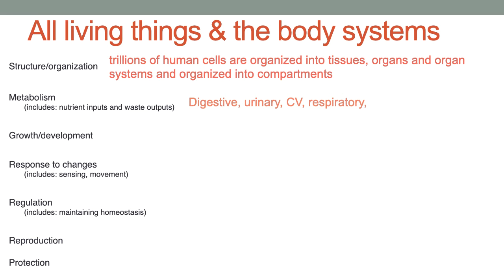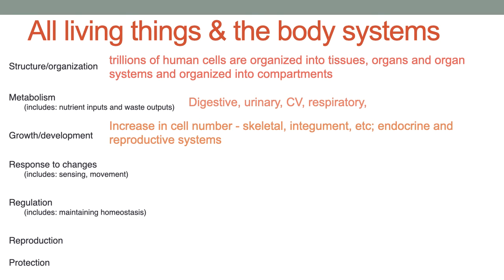I'm not going to list every single system for each one of these, but I'm going to try to give you at least a few, just so that you can understand that there are several different organ systems or body systems that work together to help us achieve these basic life-needing properties. So growth and development. So growth is typically at its most basic just an increase in cell number, of course, if you're a multicellular organism.